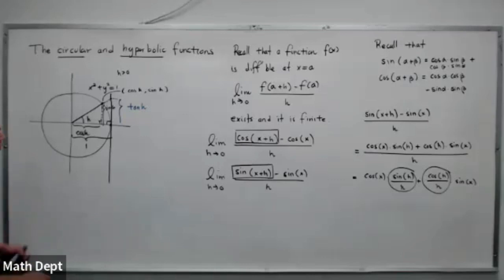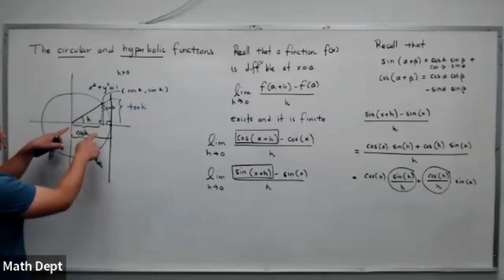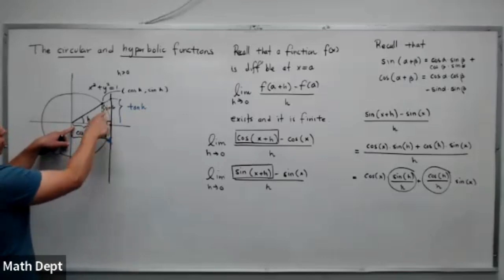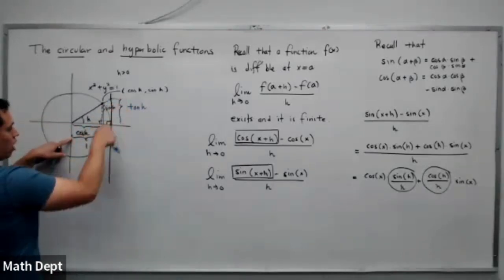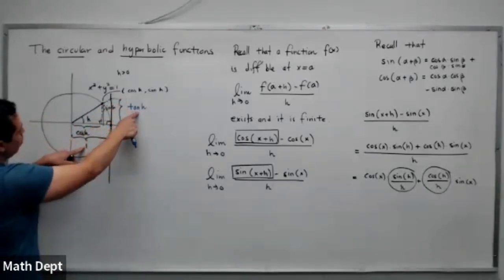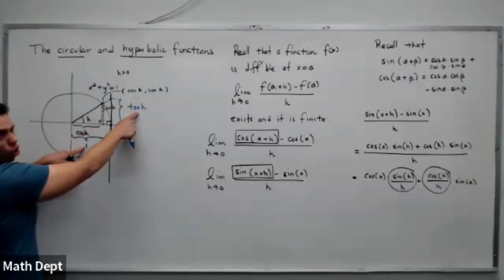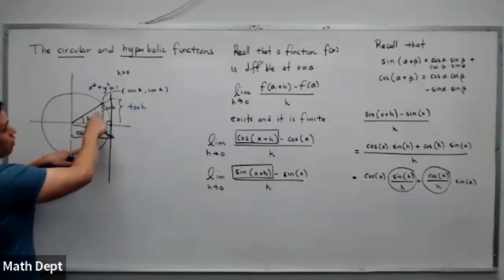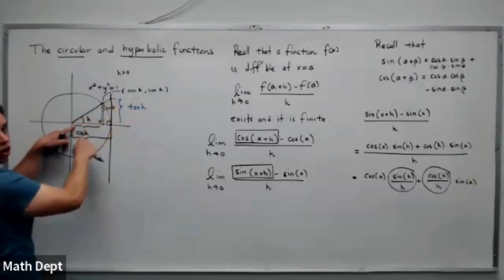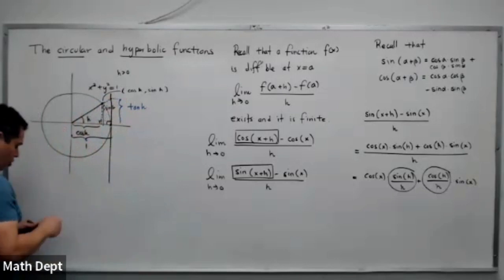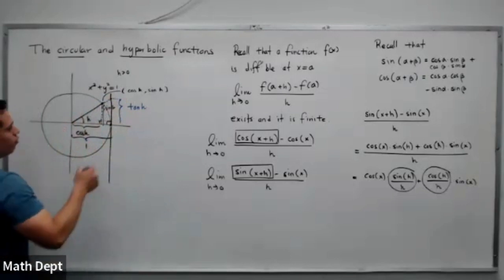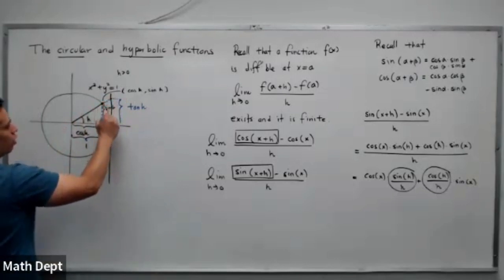I observed that the area defined by this triangle, which is associated with cosine and sine, and the area associated with the big triangle, the one with tangent, are ordered. The area of this triangle is smaller than the area of the triangle that we defined right here. But not only that, there's another relation, which is the one given by the sector.